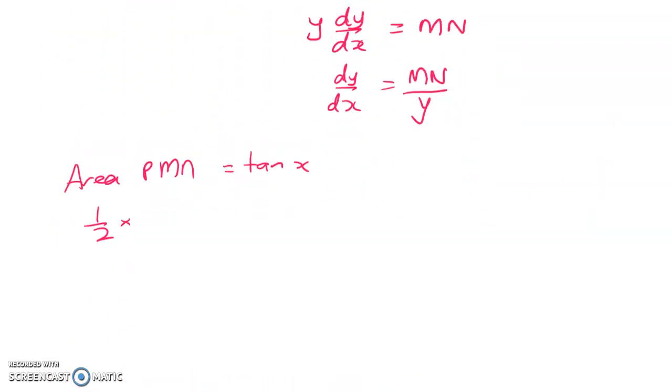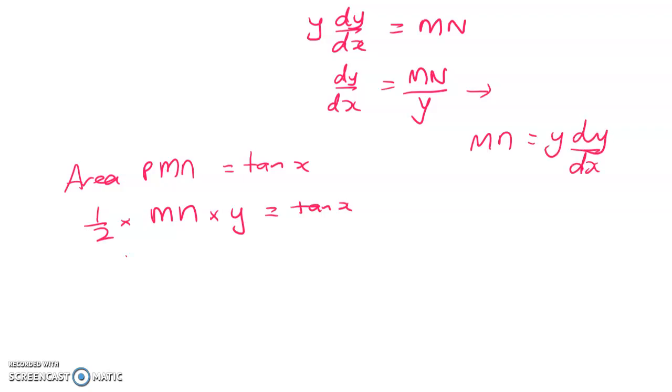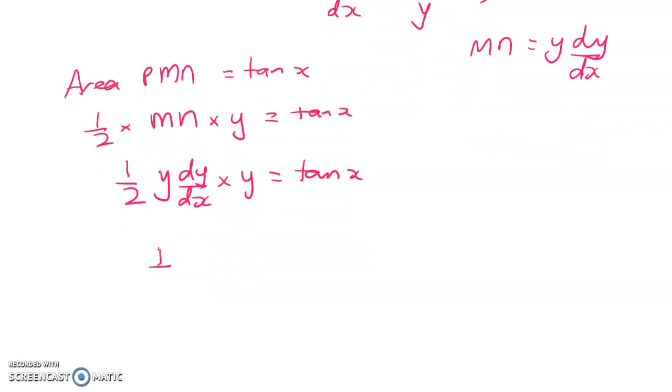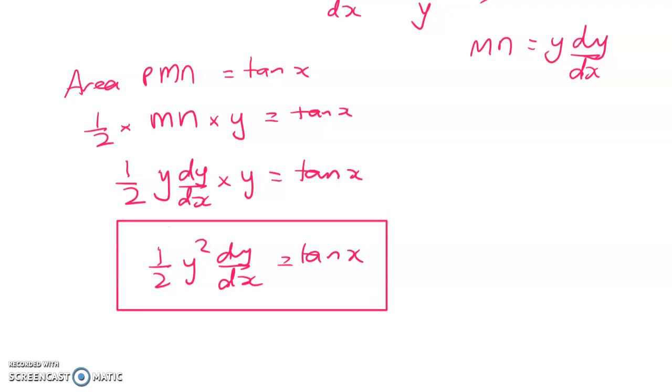So half times MN times y is equal to tan x. But we know from here that MN is equal to y times dy by dx. So we get a half y dy by dx times y is equal to tan x, which gives me the result we need. So 1/2 y squared dy by dx is equal to tan x. So that's that bit done.